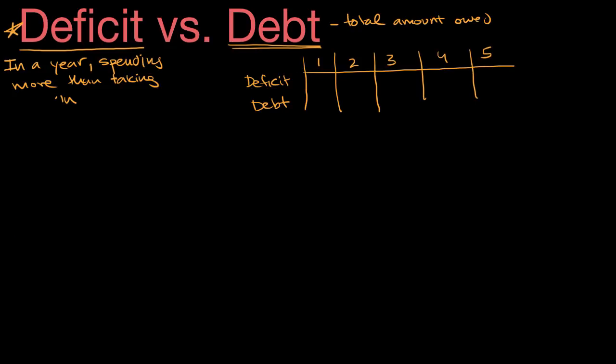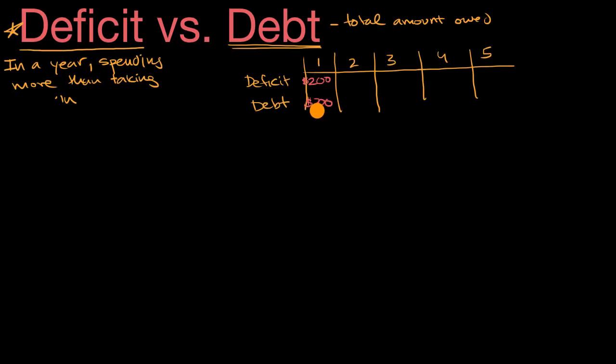So let's say in year 1, our hypothetical country, we overspend by 200, I'll do everything in billions of dollars. So we overspend by $200 billion. We run a $200 billion deficit. Well, assuming that the debt was 0 before that, we're now going to owe people $200 billion.